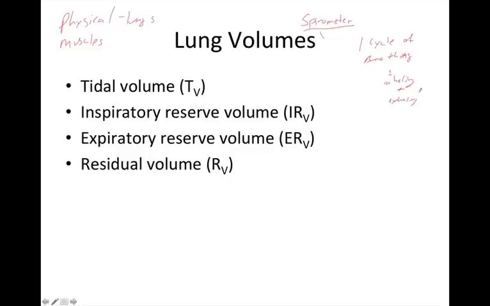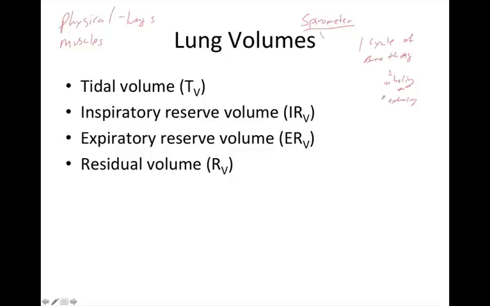When you're quietly breathing at rest, there isn't a great need to bring in a lot of air because you're not producing a lot of carbon dioxide as waste, and you're not burning as much oxygen. So these values are going to be lower at rest. Whereas vice versa, when you're breathing harder, utilizing secondary muscles of ventilation, these volumes are all going to increase. Well, not all of them necessarily, but you get the picture.